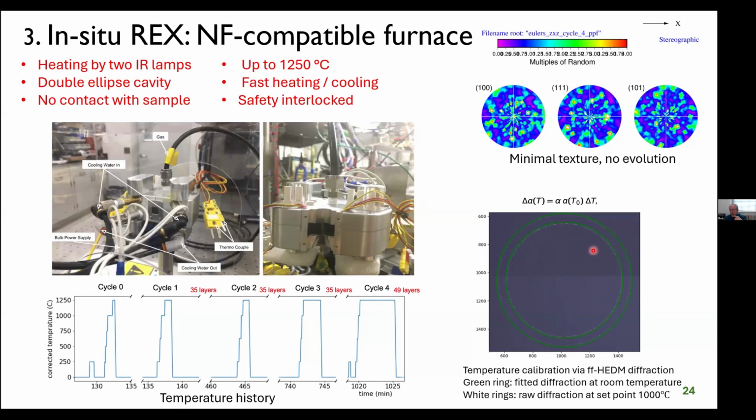And then at high temperature, thermal expansion takes place, and that shrinks the rings. And you see that if you look closely, the white dots are slightly inside of the ring. And by calculating the thermal expansion, we can back out the temperature. So this was data collected nominally at 1,000 centigrade. The sample was actually a bit hotter than that.